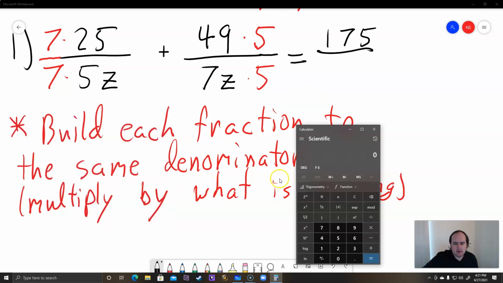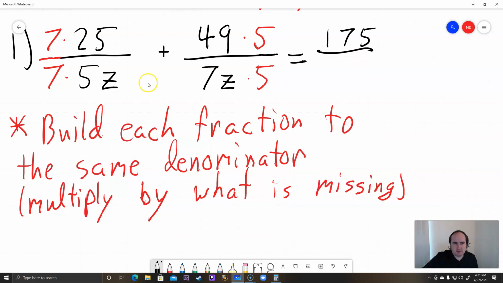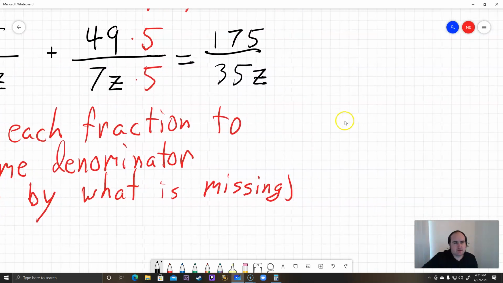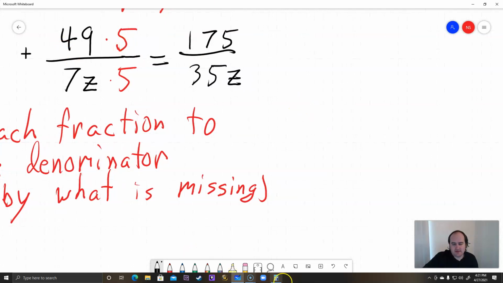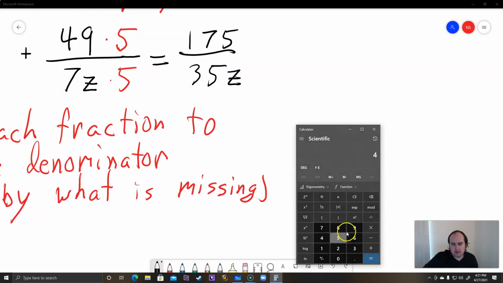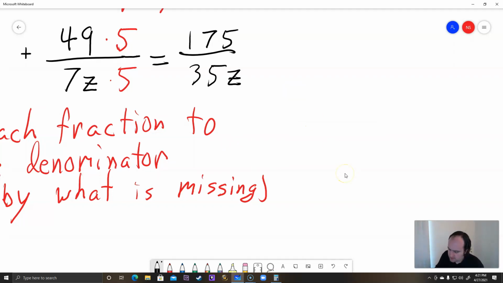So we have 175 over 7 times 5z, which is 35z. And then for the second fraction, 49 times 5 is 245. So we have plus 245 over, once again, 7 times 5 is 35z.